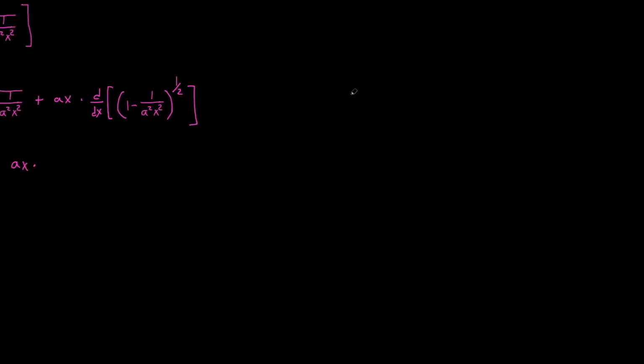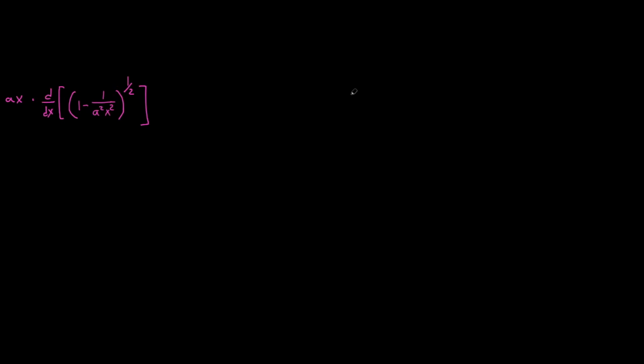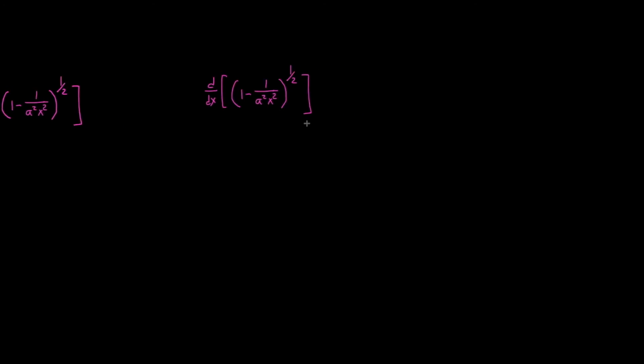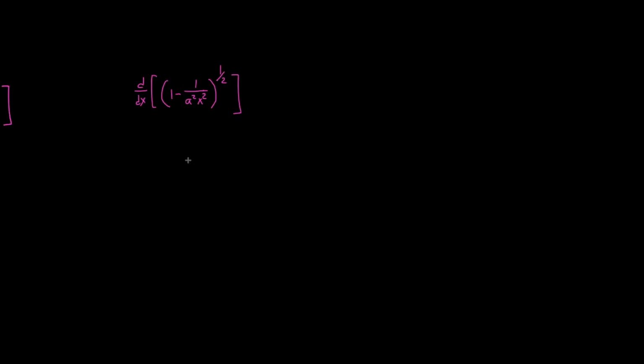It'll be a little bit involved, so instead of doing it over there, let's just create a new space to do it. Copy this, bring it over here so we can work on it. The derivative of all this is nested within the 1/2 the square root function, so we can move towards using chain rule.